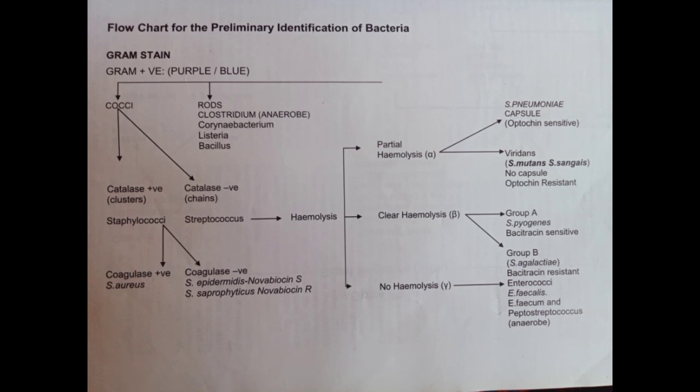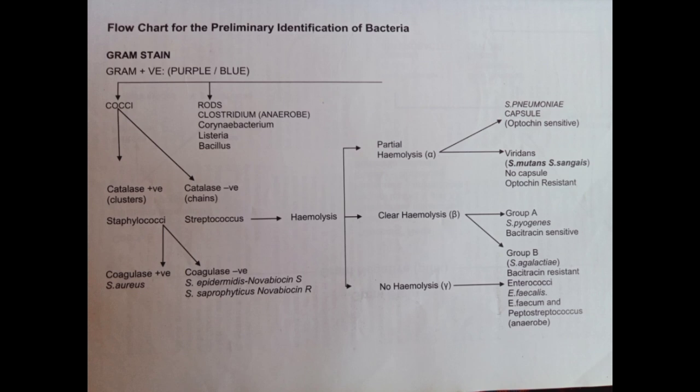So let's talk about the gram-positive streptococci. Streptococcus species are further classified on the basis of hemolysis. The first one is partial hemolysis, also called alpha hemolysis. It contains two bacterial groups: Streptococcus pneumoniae, and the second one is the viridans group, which contains Streptococcus mutans and Streptococcus sanguis.